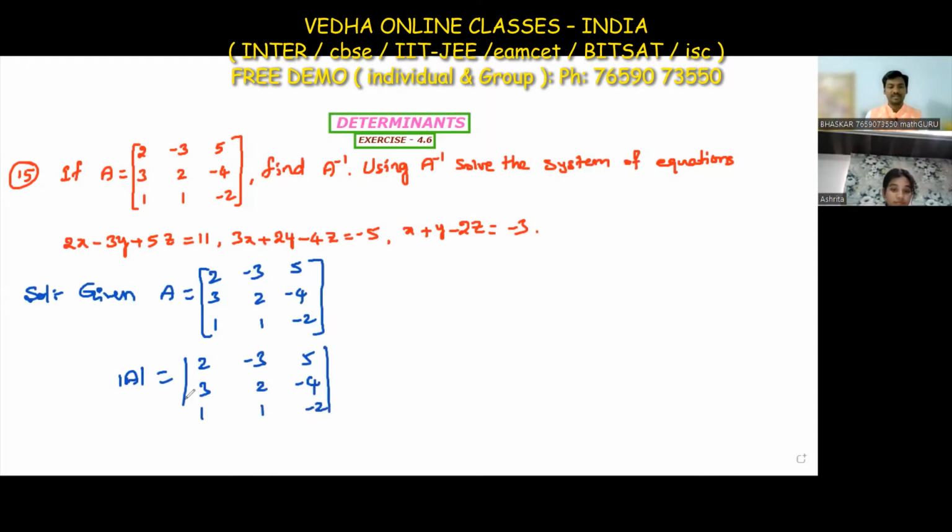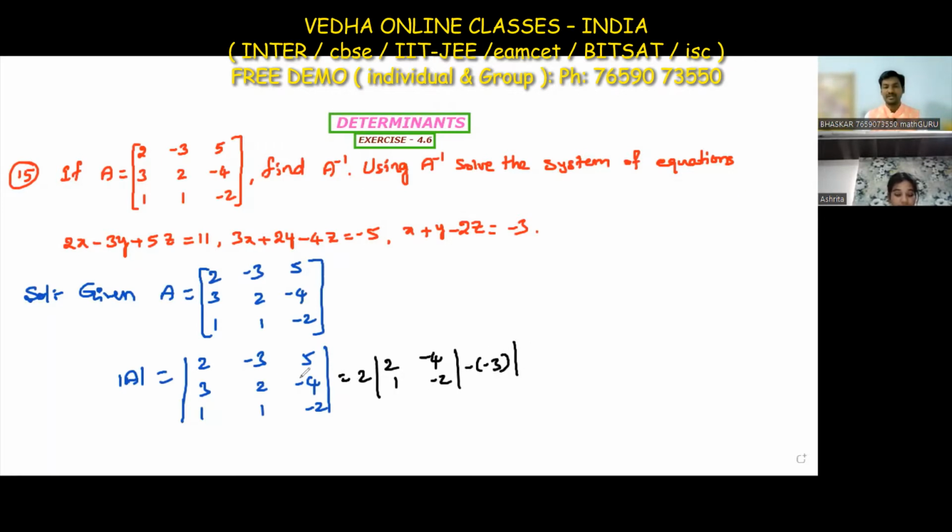So tell me, ma, expansion. Okay, so 2 into, close the row and column. Wherever we have the element 2, close that particular row and column. Then whatever elements are left, we have to find the determinant after, right? Yes. Okay, so next, after that, minus of minus 3. Plus 3.